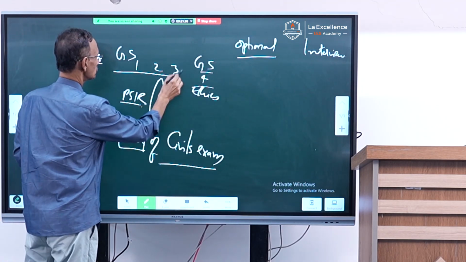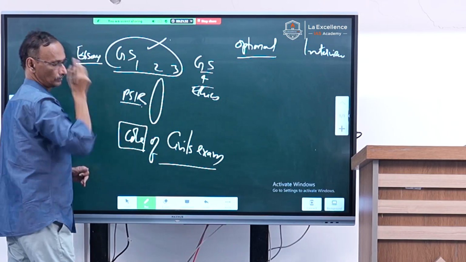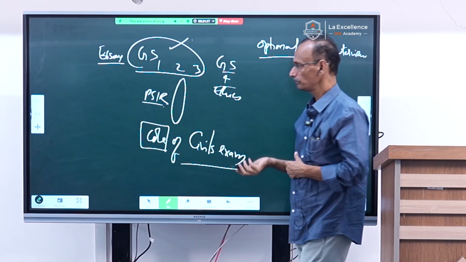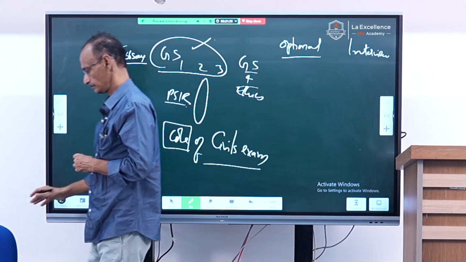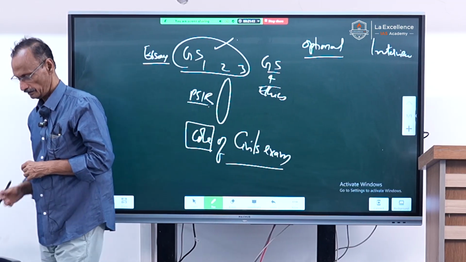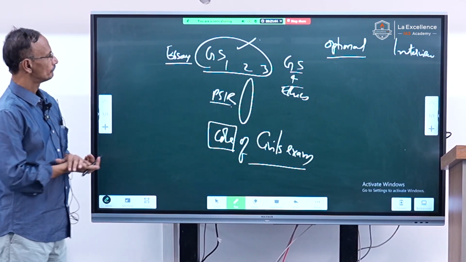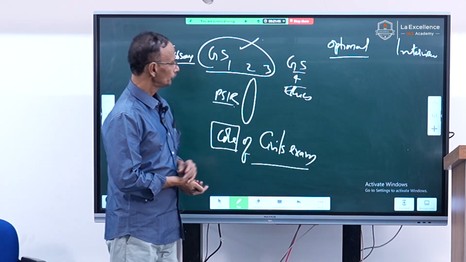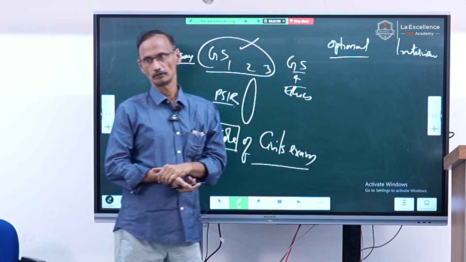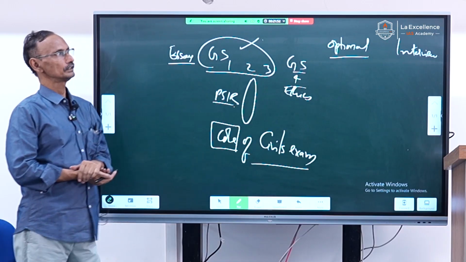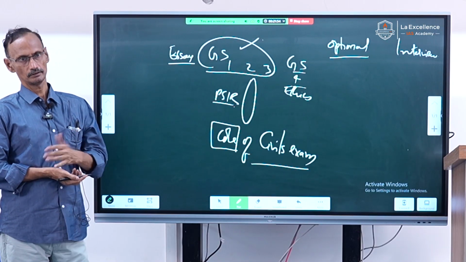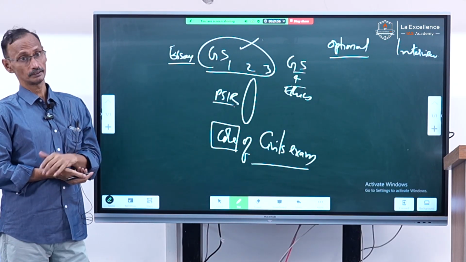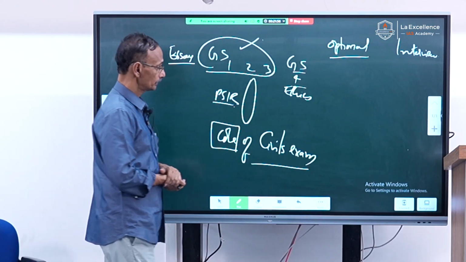See, what are these GS 1, 2, 3? You have polity, economy, international relations, and modern India, and current affairs. Do you know, in this optional you have an insight into modern India and also the modern world, polity, international relations, economy.